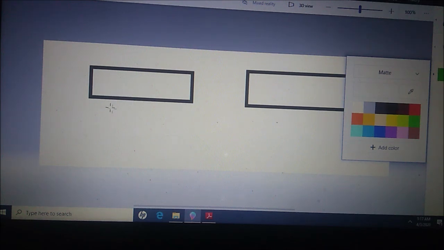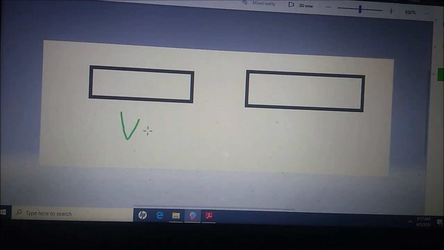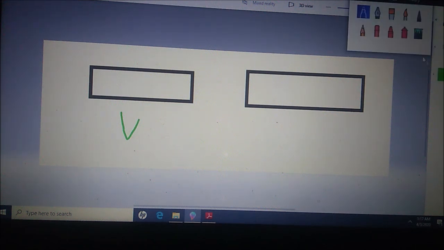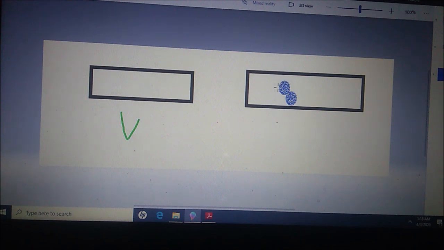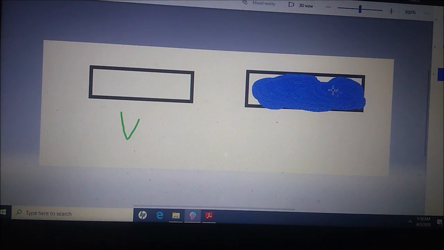This is considered to be vacuum, so I will write here V, that stands for vacuum, while in the second one we will fill something like water. Let us take the symbolic representation of water as blue color, so I will put some marks. So this is your second medium which is filled with water. This is W for water, and the first one is V for vacuum.